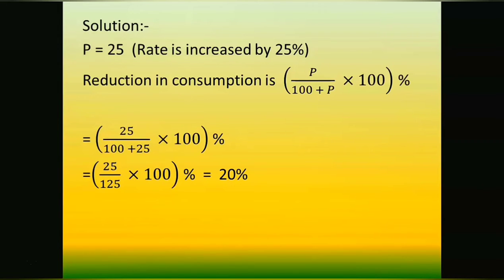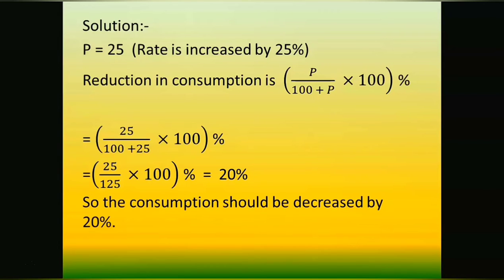After substitution, what do we get? 25 divided by 100 plus 25 into 100, this much percentage. 25 divided by 125 into 100, which comes out to be equal to 20%. So the consumption should be decreased by 20%.